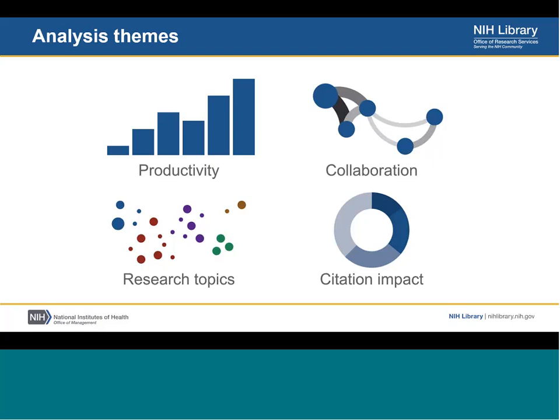In collaboration, we're interested in to what degree are people co-authoring publications to produce original research. So are they collaborating at the individual level with people within their institute or center? Are they collaborating with people at other areas or other branches of our own institution?